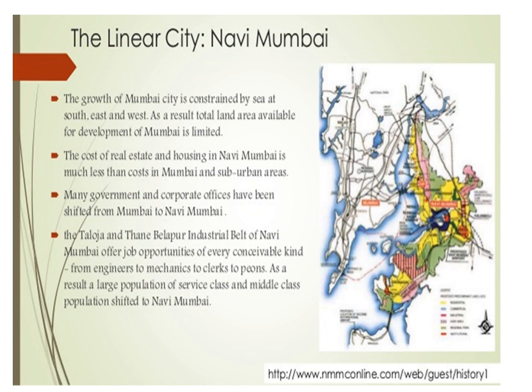So many government and corporate offices have been shifted from Mumbai to Navi Mumbai. The Taloja and Thane Belapur industrial belt of Navi Mumbai offer job opportunities of every conceivable kind, from engineers to mechanics to clerks to peons. As a result, a large population of service class and middle class shifted to Navi Mumbai.